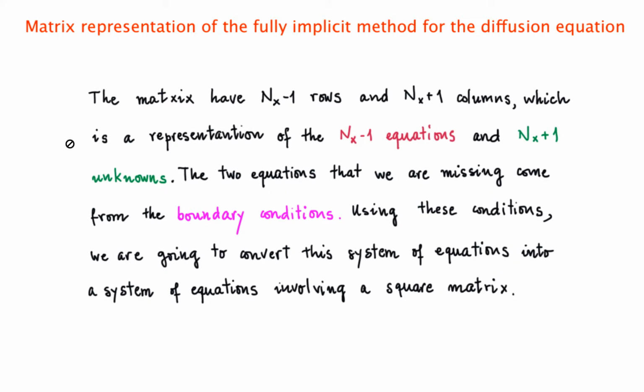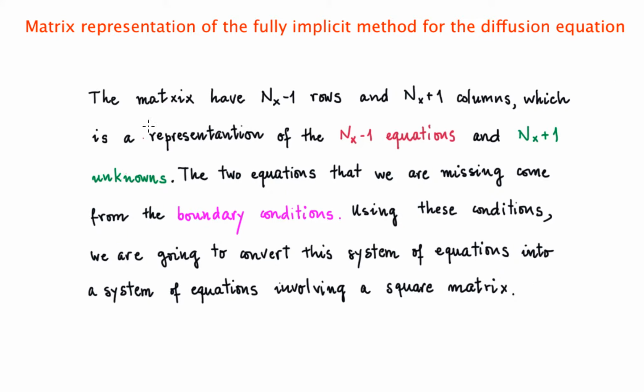So, as we have said, the matrix has nx minus 1 rows and nx plus 1 columns, which is a representation of the nx minus 1 equations that we have seen in the finite difference representation for the fully implicit method.